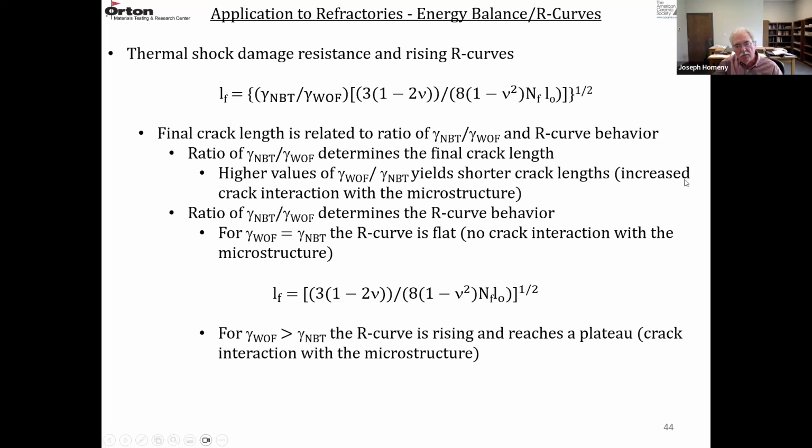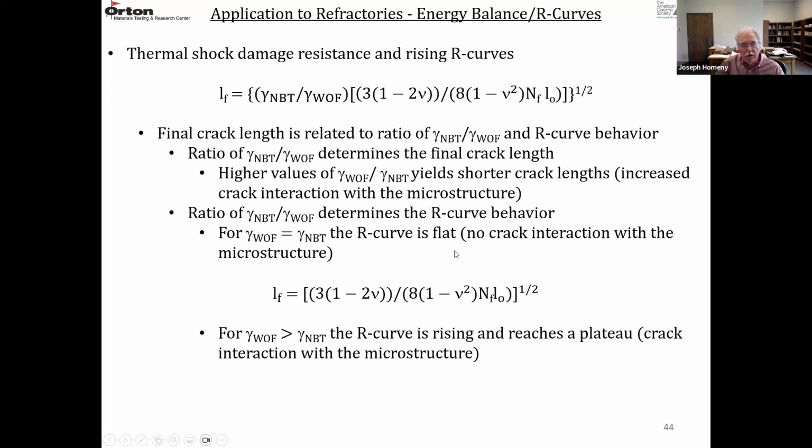And that's because somehow you've increased the crack interaction with the microstructure. Also, this ratio of NBT over WF determines R curve behavior. If these two are equal, they drop out of this equation. So if gamma WF equals gamma NBT, you have a flat R curve.